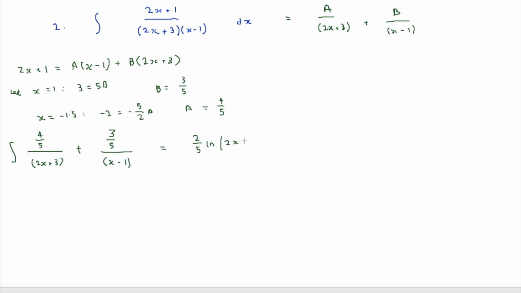So that's going to be 2x plus 3. Then that will be plus, this will stay as 3/5 because it is just x. So 3/5 and then ln x minus 1. And then finally we have that ln k.